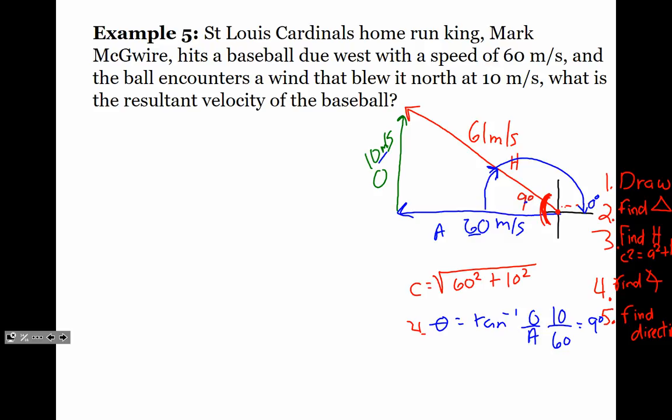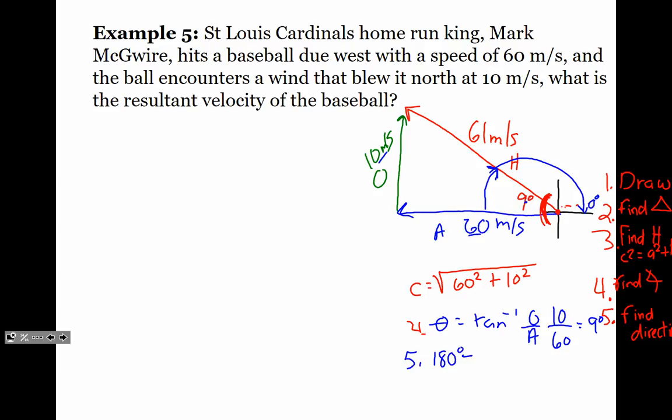Now I got to go and look at my little rules that we talked about earlier. If I'm going toward 0 degrees, I'm going to subtract my angle from 180. So I'm finding my direction. Here is 180 degrees.